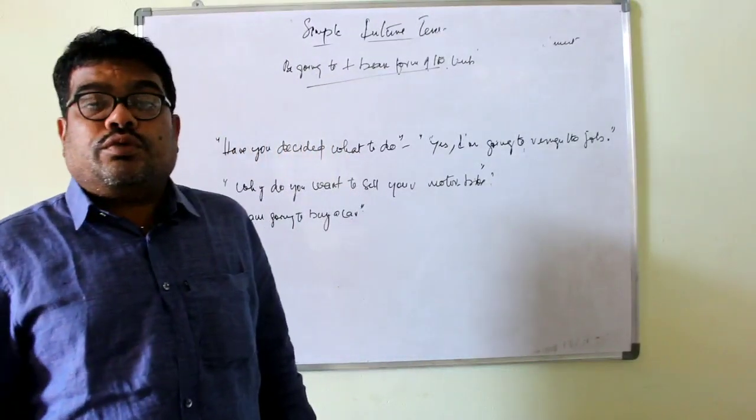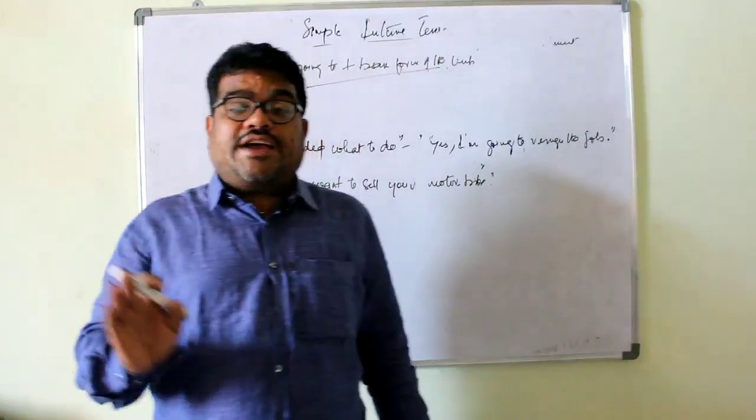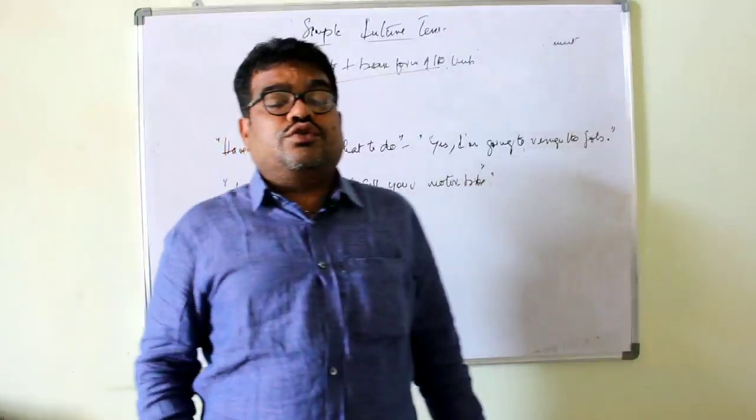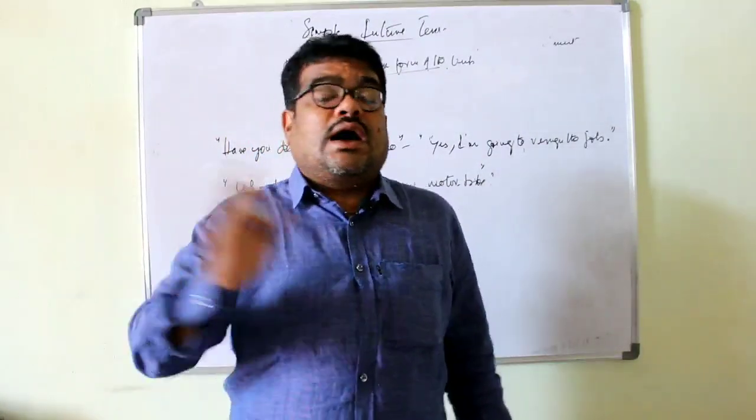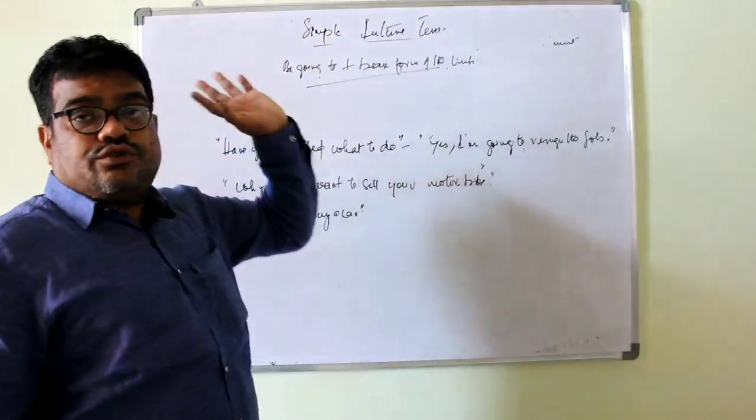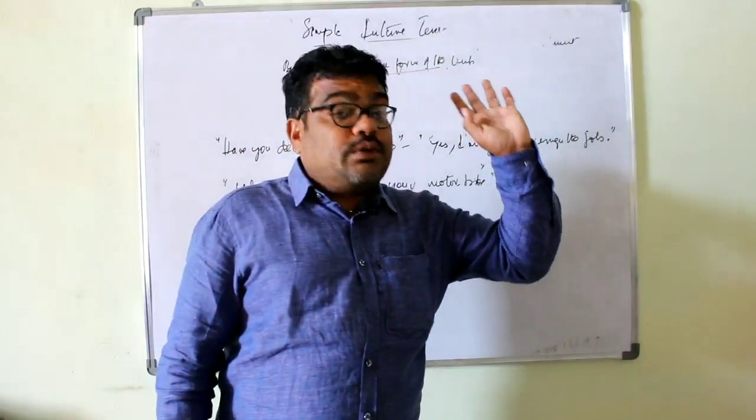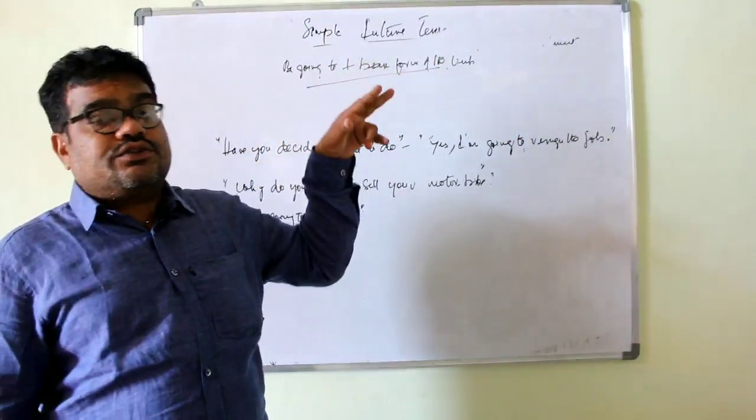Already I have told you that to talk about future action, not only simple future but different forms are used, for example the going to form, simple present tense, and sometimes present continuous tense.